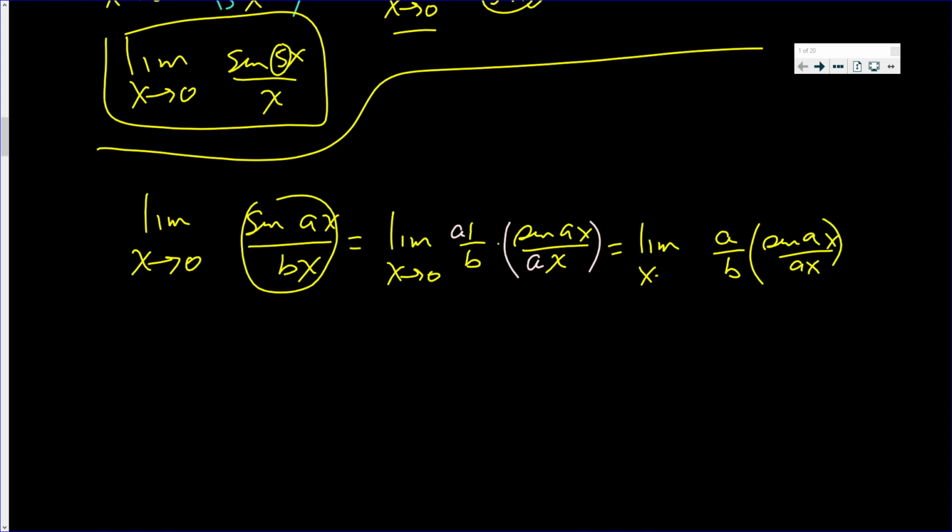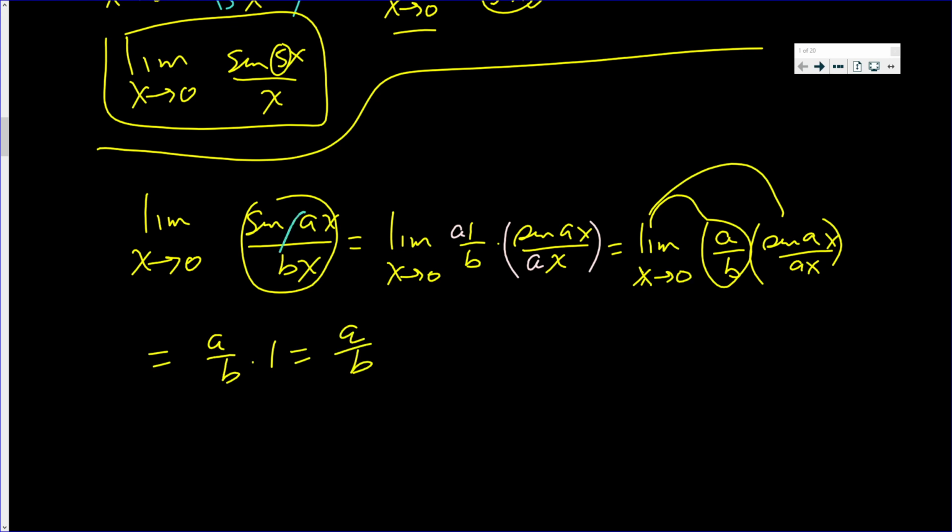I guess we should say a is not 0. Okay, the limit as x goes to 0. So this becomes a over b, times the limit of that fraction, which is 1. So we get a over b.